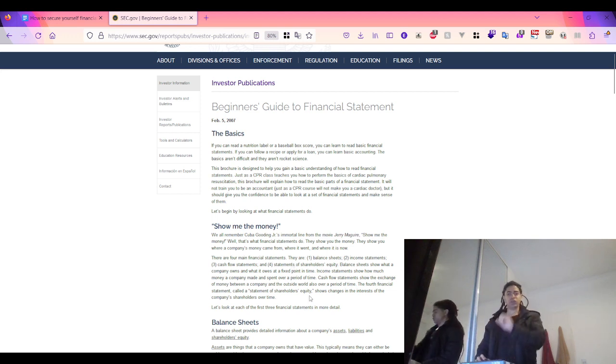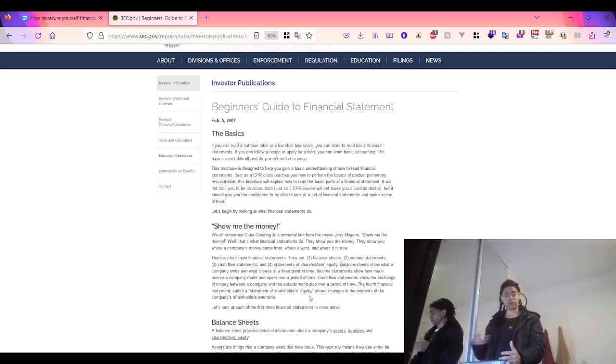So this section only focuses on the first three, right? The balance sheet, the TLDR, which is a snapshot of the company's assets, liabilities, and shareholders' equity, as well as the income statement, where the bottom line shows if a company made a profit or not, and the cash flow, which reports the company's inflow and outflow of cash.